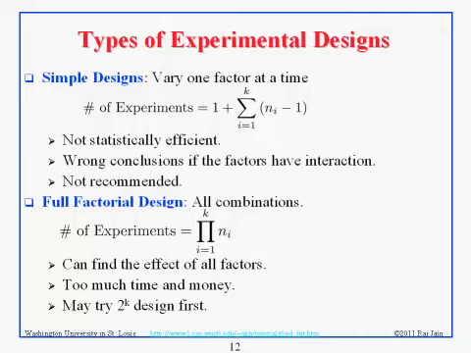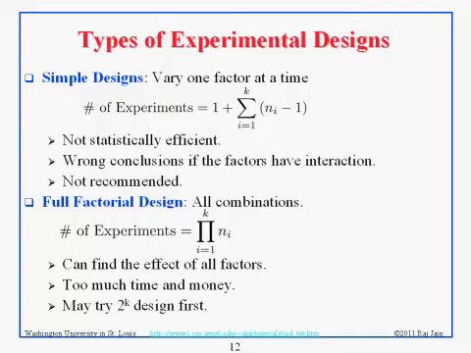Another way to say this is that if you use this one factor at a time design, your confidence intervals will look very wide. So your statements will be very loose. You can say the performance of A is somewhere from this to that. Statistically efficient means you can be very narrow. You can make a statement that I'm 90% confident that the performance of A is from 10 to 15. That's much better information. So this is statistically inefficient.